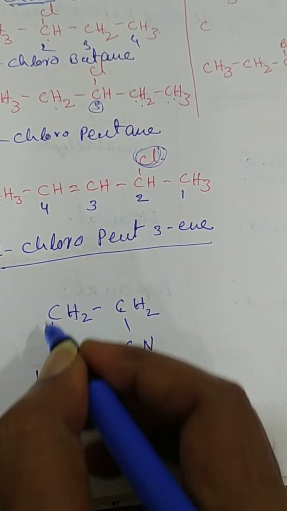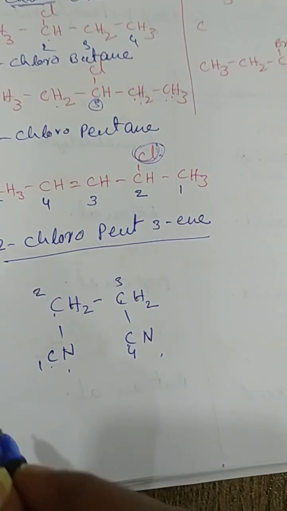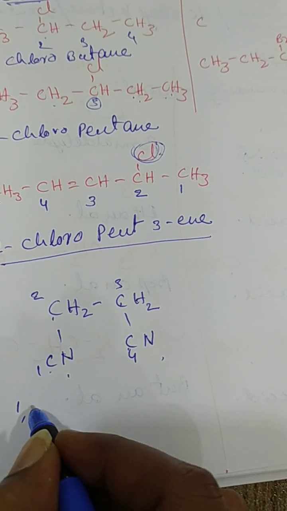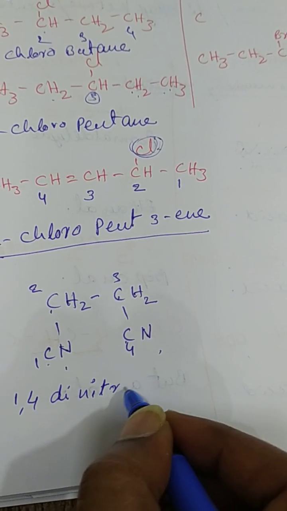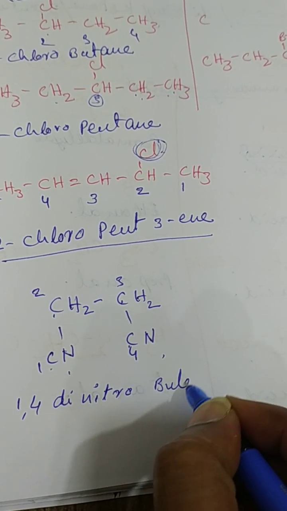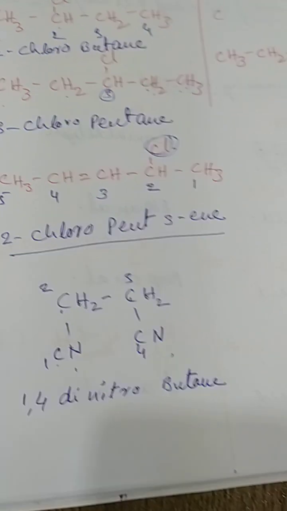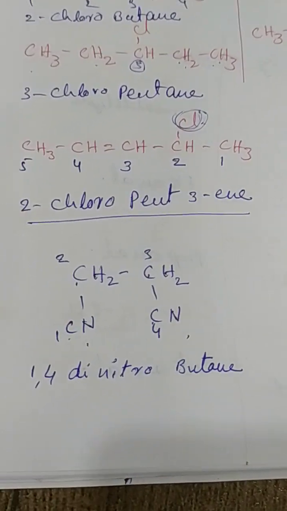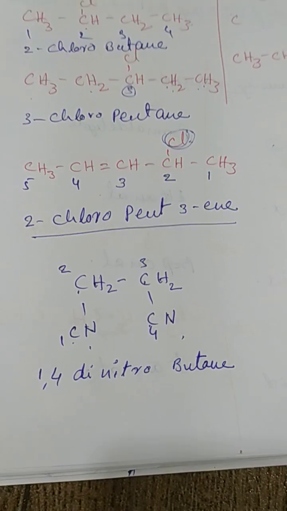So if you take numbering like this 1, 2, 3, 4, the name of this compound is 1,4-dinitrobutane. Butane. This is actually a competitive question. 1,4-dinitrobutane. Okay, I think you got some clarity.